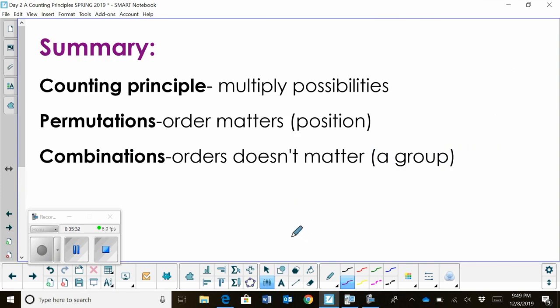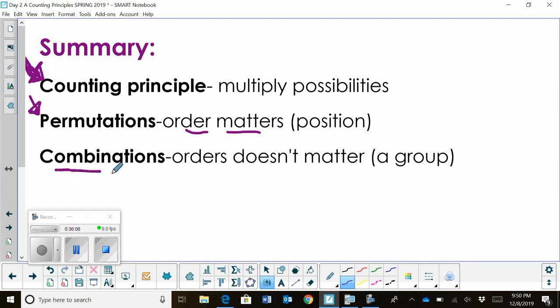Okay, so let's look at a summary of what we did. First we looked at the counting principle. And that's just when you look at different ways to choose from like a menu or maybe an outfit from a group of clothes, different ways you can multiply your possibilities together. Then we looked at permutations. That's another way to count outcomes. For a permutation, the order matters. So remember, you have a locker permutation, not a locker combination.